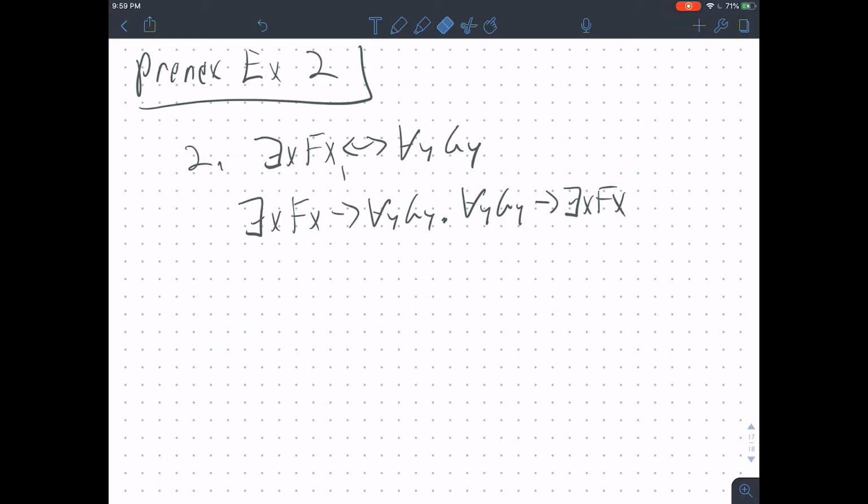So what I'm going to do here is make this into W's and this into Z's, because otherwise we won't technically be able to apply our rules.